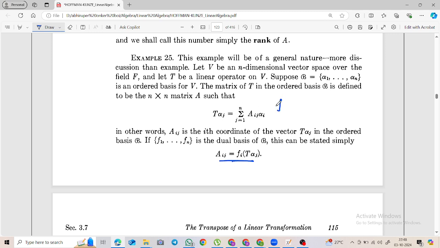Because if you do f_i of T alpha_j, that is f_i of the summation over i running from 1 to n of A_ij alpha_i, right? So which term will survive under this? Only if i equals j. Is it correct?